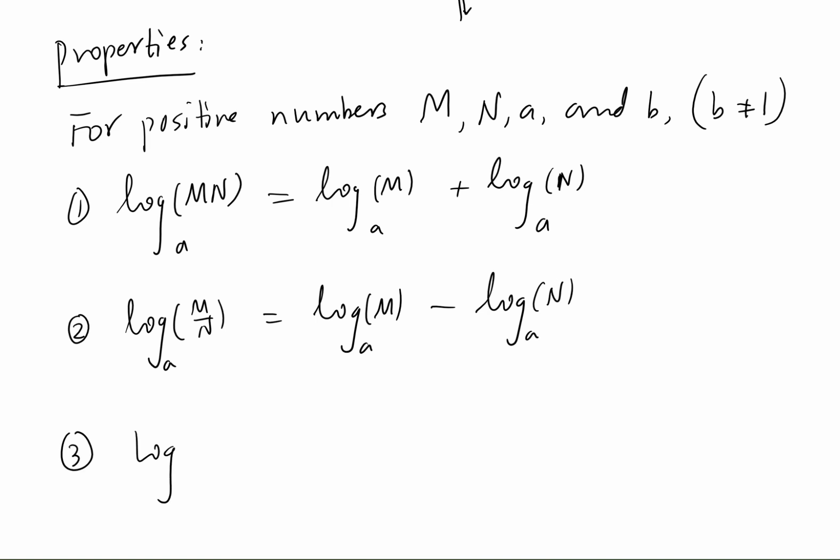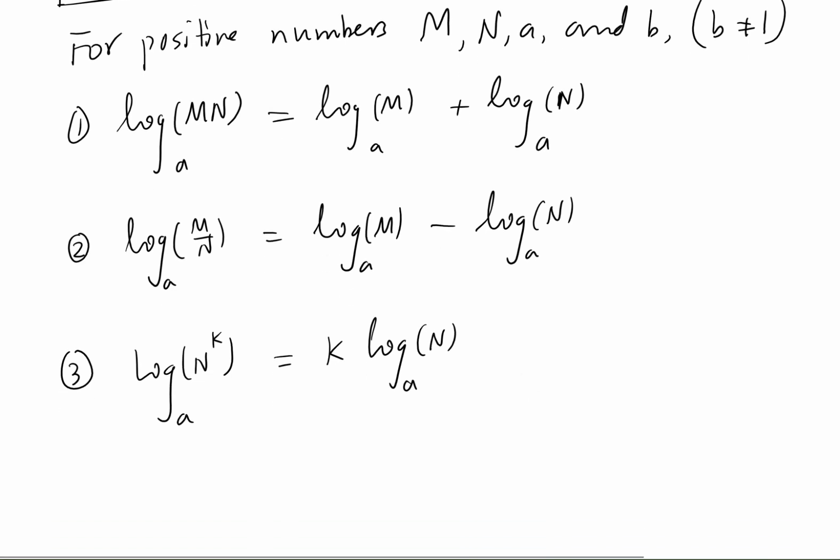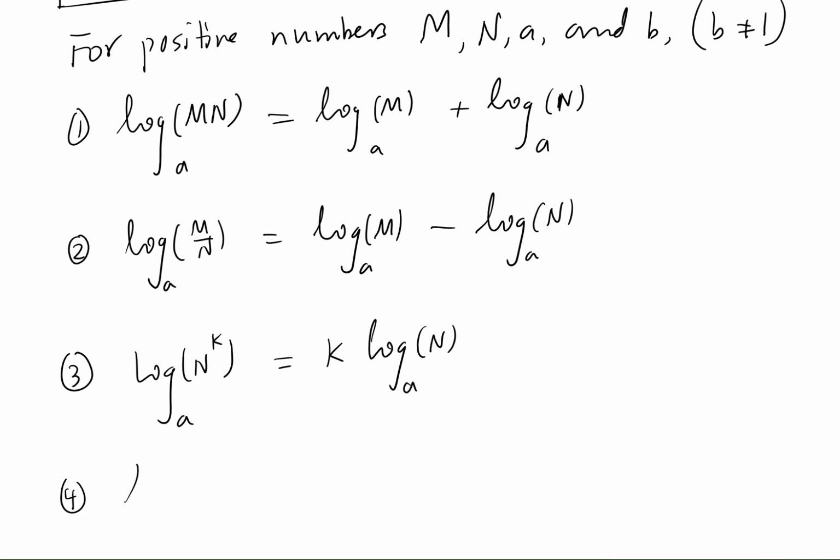The next property, log n to the k power base a: you can bring the k down, k times log n base a. Next one, log a with the same base a is 1.